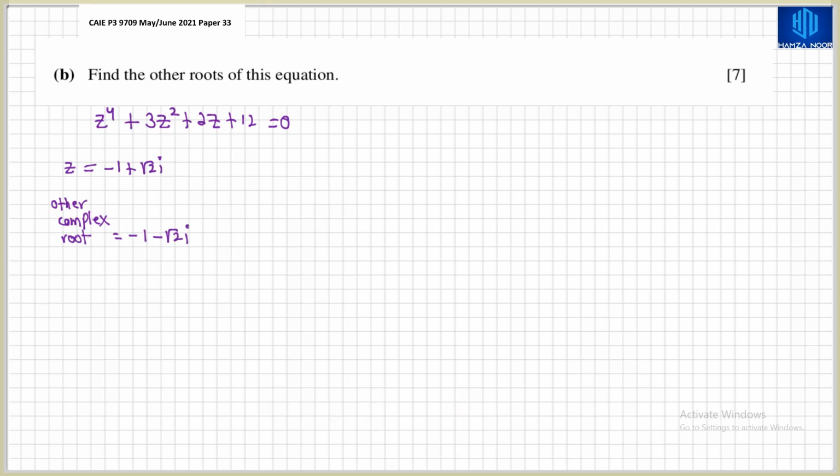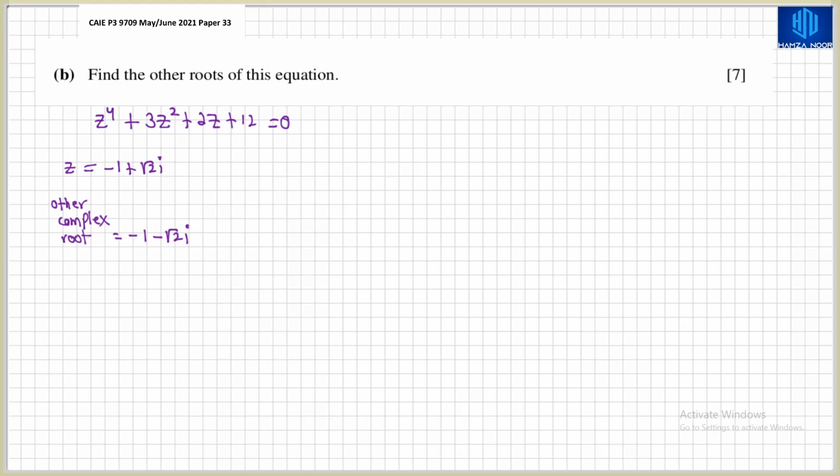As simple as that. So now we have two roots and both of these roots are complex. So we are going to obtain a quadratic equation, such that if you solve that quadratic equation, you will get these two complex roots. So how do we actually find this type of equation?